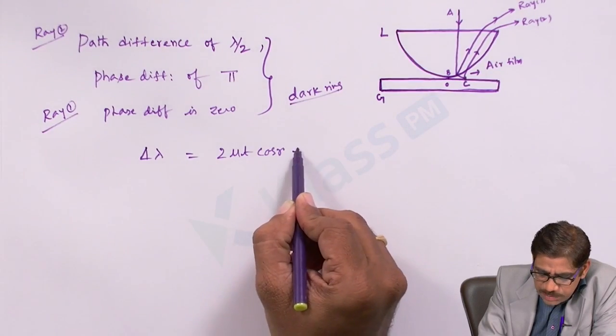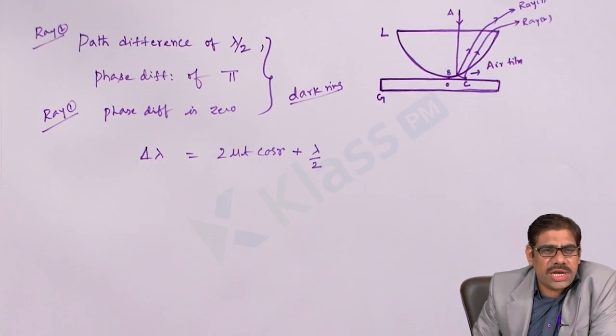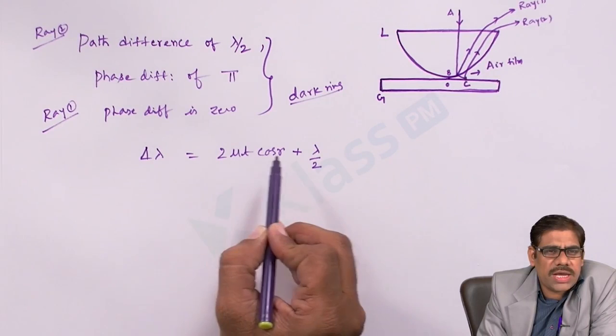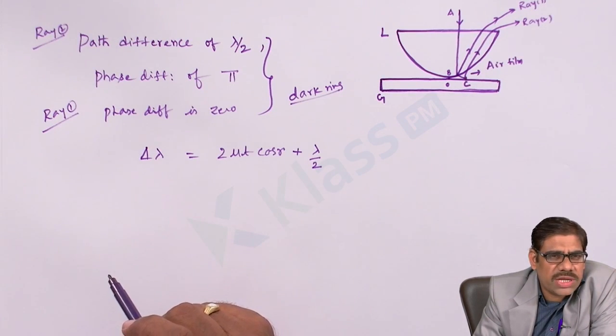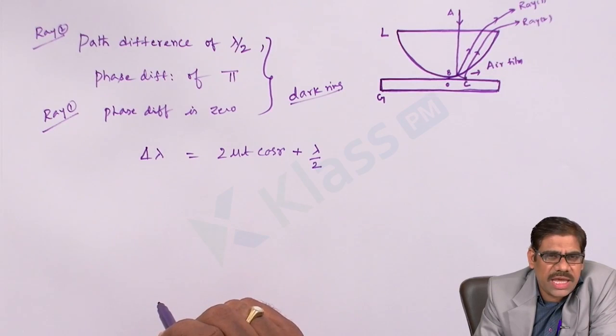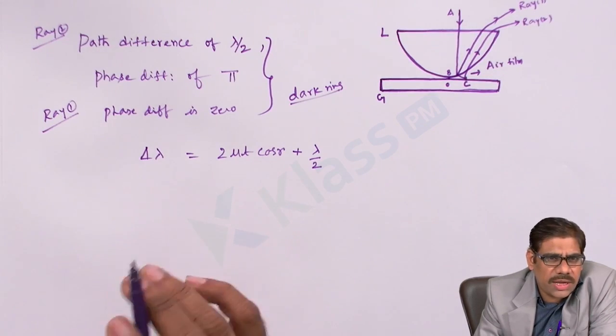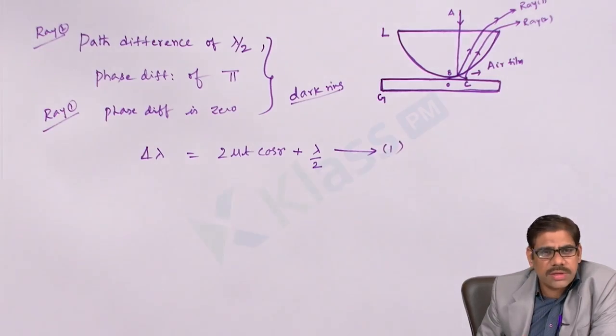So, an additional path difference of lambda by 2 is what we are considering here. So, delta is equal to 2 mu t cos r plus lambda by 2. This is the path difference between the two rays undergoing reflection and refraction because of the incident light as well as the air film of thickness small t. This is equation 1.